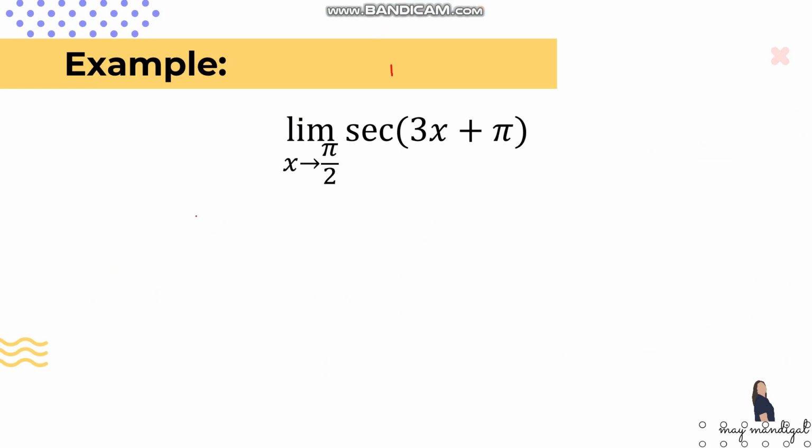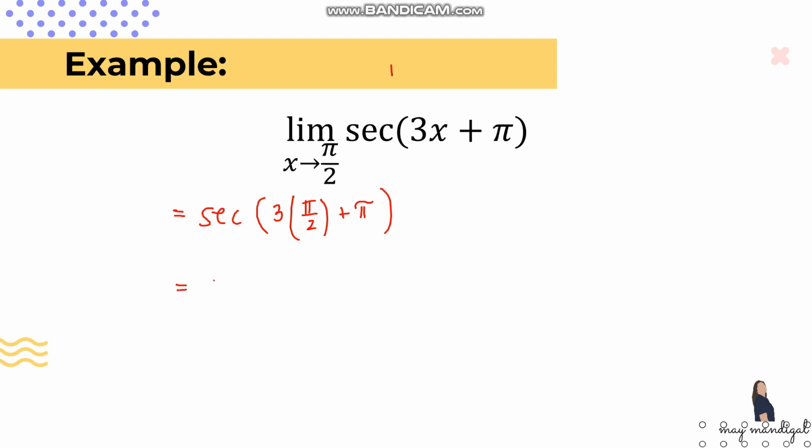And for our last example, limit of the secant of 3x plus pi as x approaches pi over 2. So let's substitute this. So we have secant of 3 times pi over 2 plus pi.